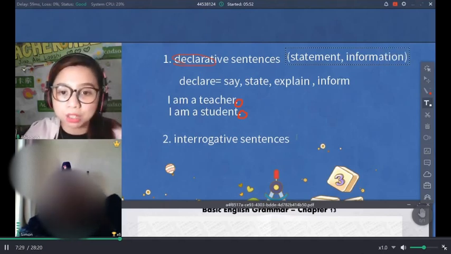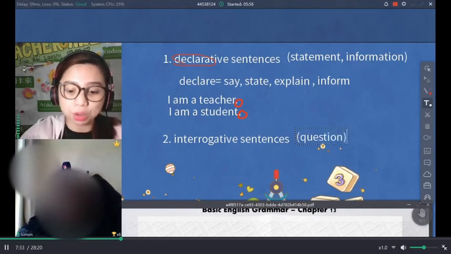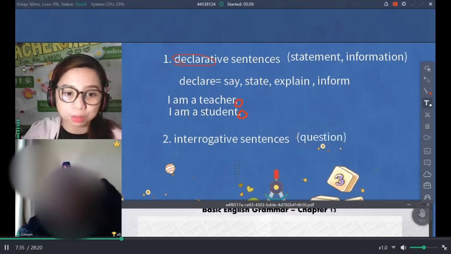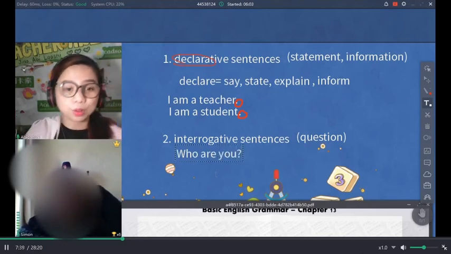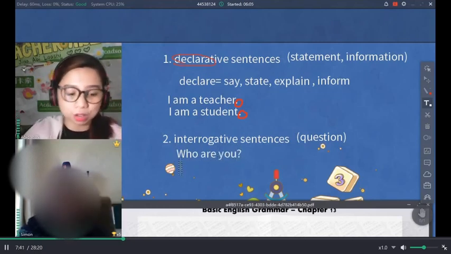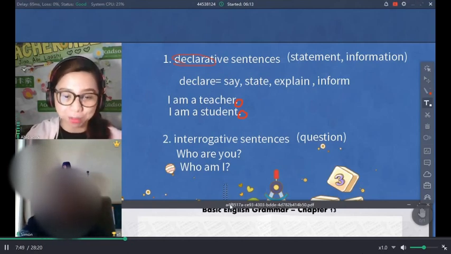But when you say interrogative sentence, basically it's a question. For example, who are you? Who am I? Yes, very good. So these are interrogative sentence examples.